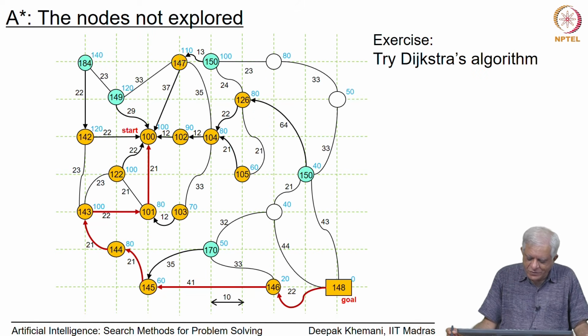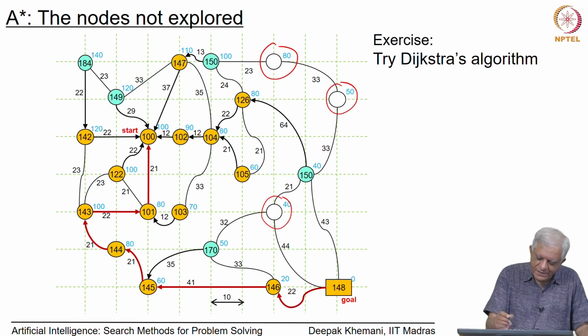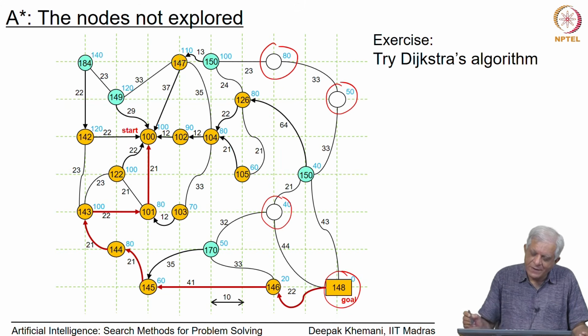You can see that there were some nodes which this algorithm did not explore at all. These are the nodes which have no filled-in color, and as an exercise, please try Dijkstra's algorithm on the same problem and confirm that this cost of 148 that this algorithm has found is also the cost found by Dijkstra's algorithm.